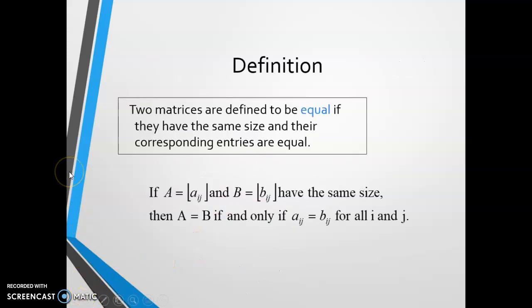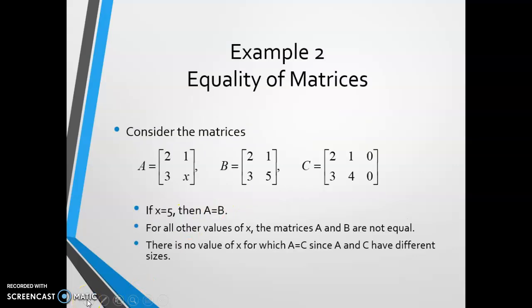Okay, two matrices are defined to be equal if they have the same size and their corresponding entries are equal. If A and B have the same size, so we can consider aij and bij are equal, ataupun sama lah. Okay, example, let's say we have 3 different matrices A, B and C here. What is the value of x? So let's say we want to compare A and B, so x equals 5.